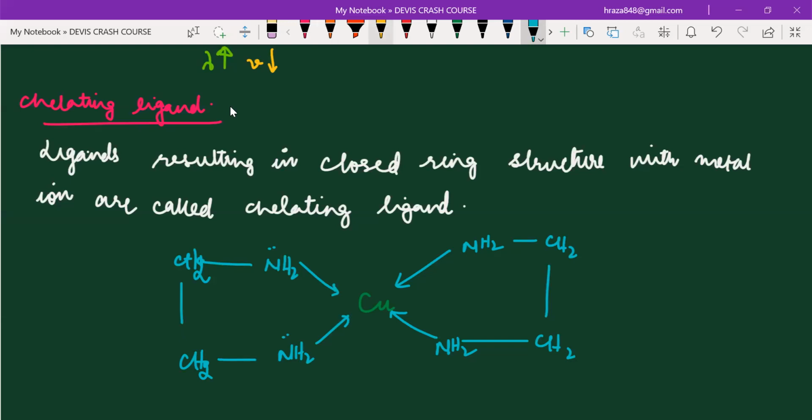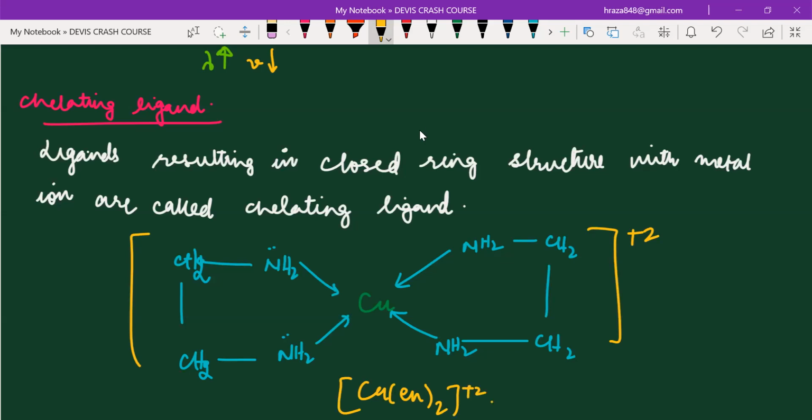So as you can see, this is forming a closed ring. So that means it is a chelating ligand, Cu(en)2 raised to the power +2. If the question will be asked which one of the following is chelating ligand, this is how you are going to solve the question.